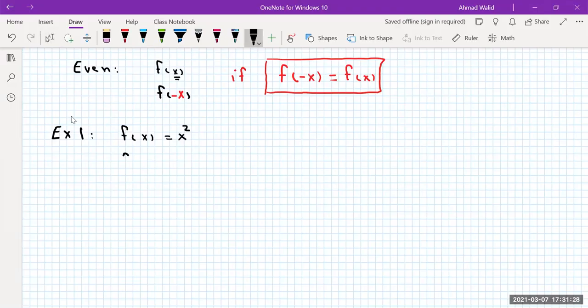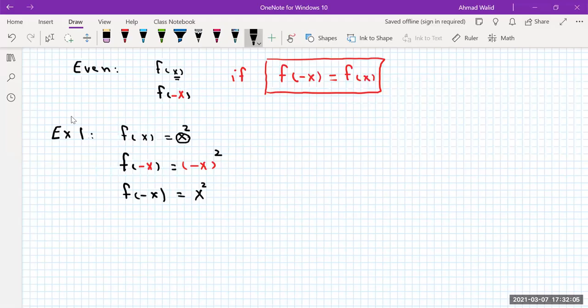I will replace my x with negative x. Then f of negative x equals, look, here you have x, you have to replace it with negative x. Then I put here negative x and I square it. Then f of negative x equals, what is negative x squared? Negative x squared gives you back positive x squared.